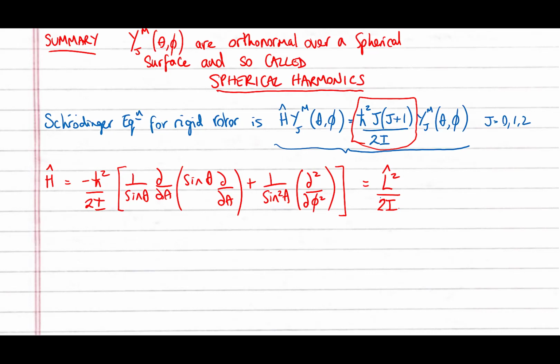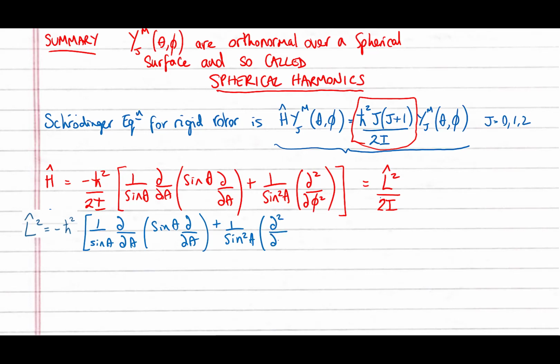So what this means is that if we look at the Hamiltonian operator, we've recognized as well that L hat squared is equal to minus h bar squared times 1 over sine theta, ∂/∂theta of sine theta ∂/∂theta, plus 1 over sine squared theta, ∂² over ∂phi². So it's more or less the same operator, right?